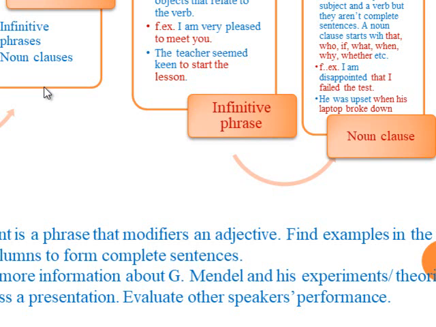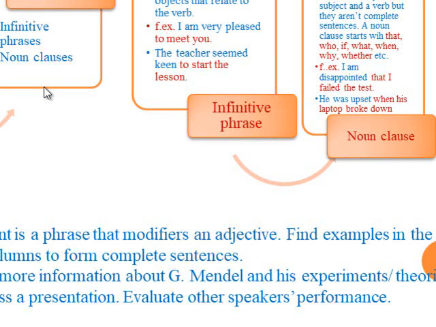Noun clause. Noun clauses function as nouns. They have a subject and a verb, but they aren't complete sentences. A noun clause starts with that, who, if, what, when, why, whether, etc. For example, I'm disappointed that I failed the test.